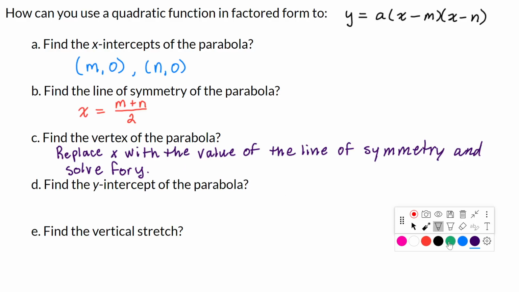To find the y-intercept of the parabola, you're going to replace x with 0 and solve for y. The reason we replace x with 0 is because the x value of the y-intercept is 0.